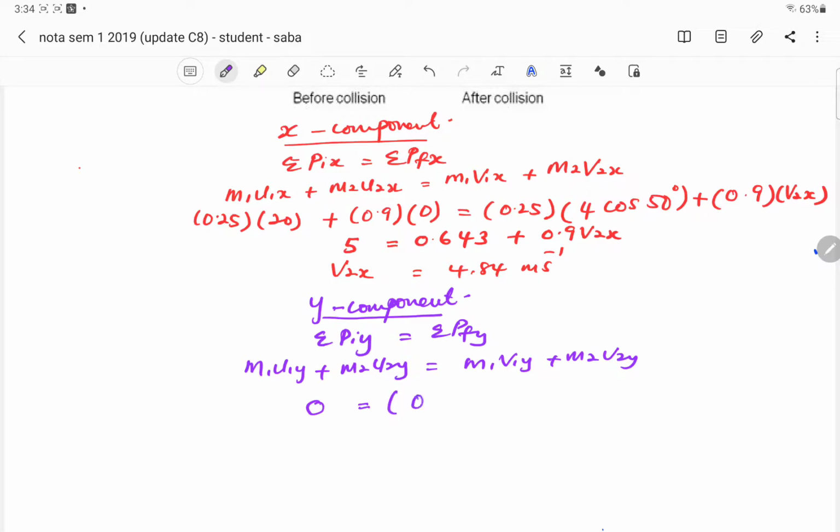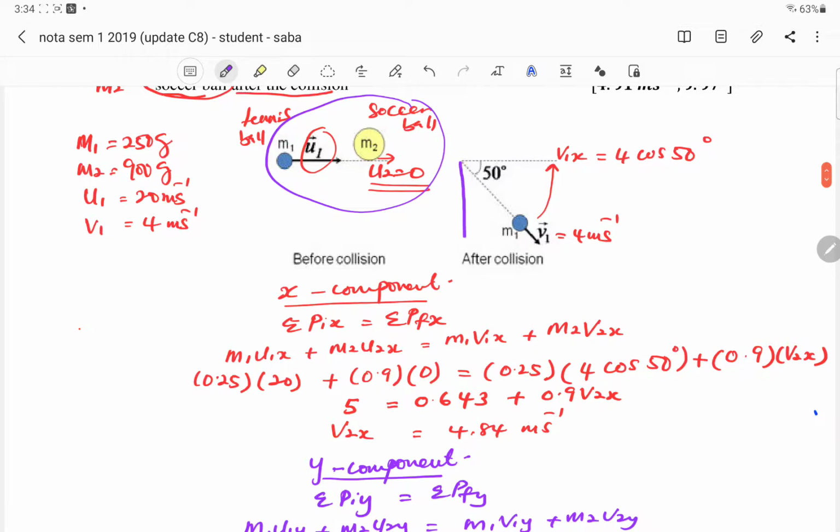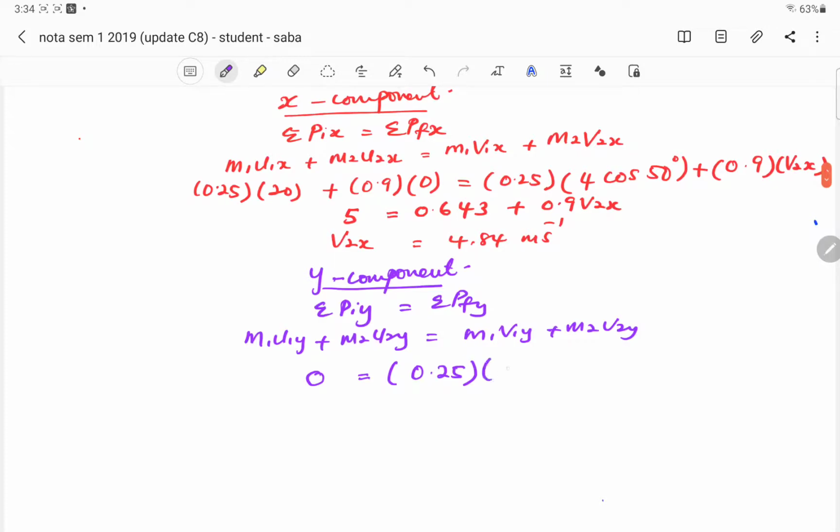For mass 1, V1y here, we have negative V1 sin 50 degree. So we copy here V1 sin 50 degree plus 0.9 V2y. So we have V2y equal to 0.851 meter per second. So we already got V2x and V2y.